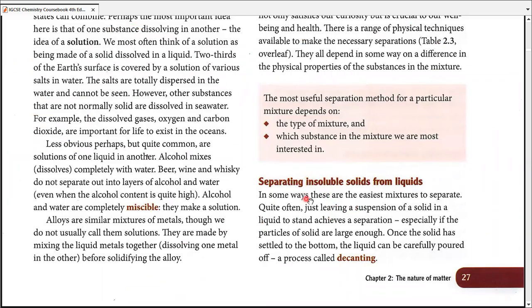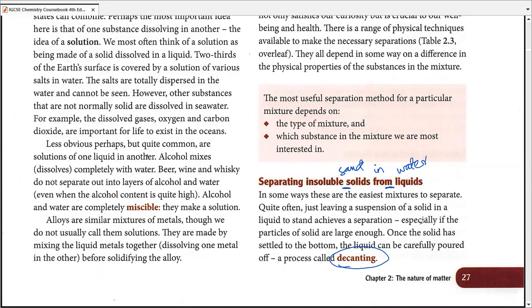I just jumped to the previous page, page number 27, since on this page, you'll find the very definition or explanation for decanting. Now, if the solid is insoluble in a liquid, just like we gave the example of sand in water, sand is insoluble in water. What we can do is go with decanting.